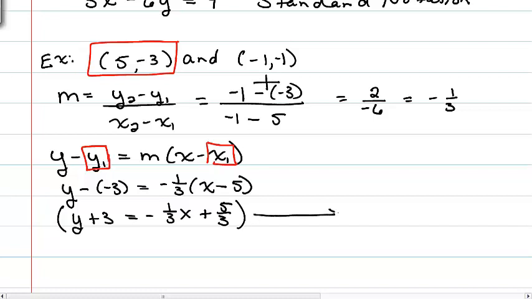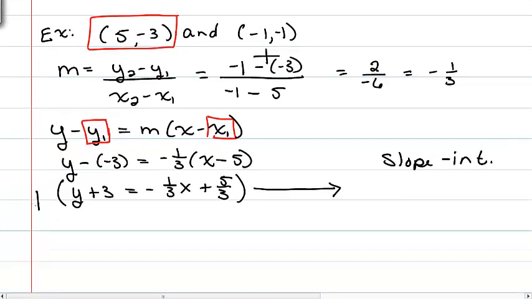So we're going to go this direction to go into slope-intercept form, because we want to do that a little bit differently. And we're going to go down here to go into the standard. Try to write that a little neater.